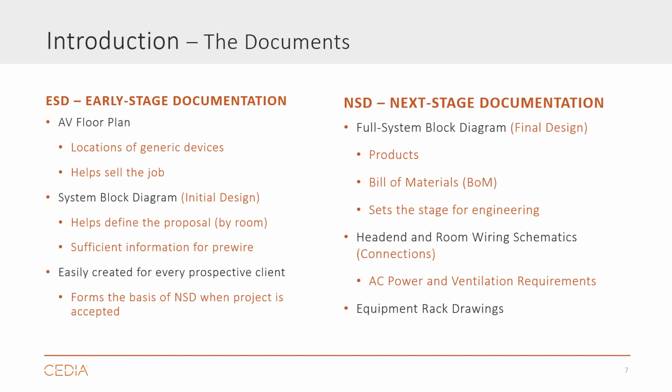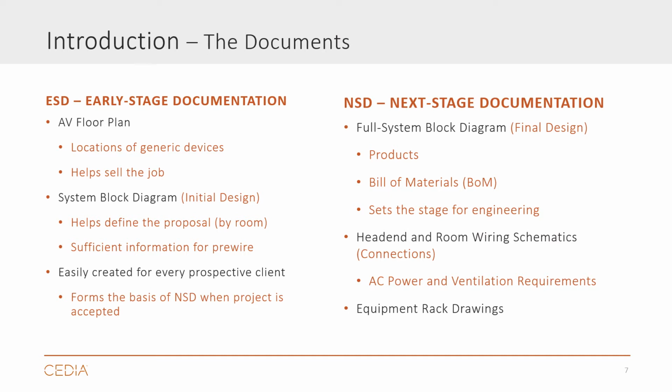NSD includes the system block diagram, but now with product models, the head-end and room schematics, and equipment rack drawings. Each of the early and next stage documents solves an important sequential design or engineering challenge.